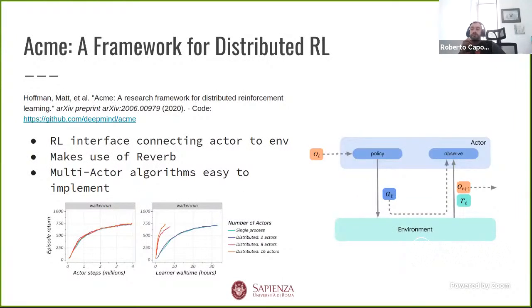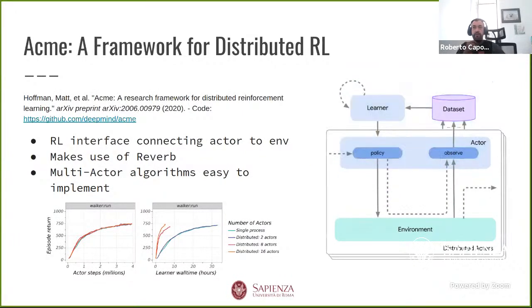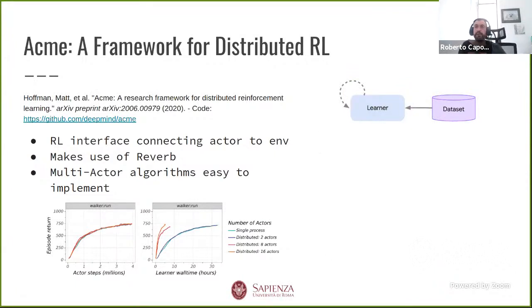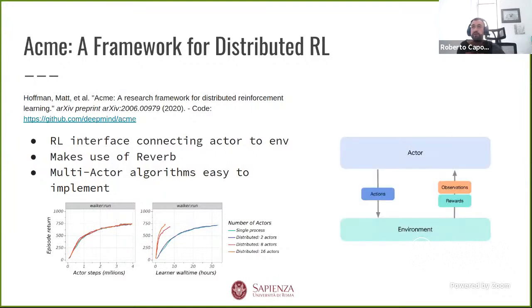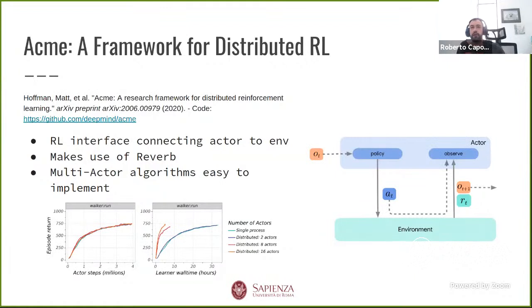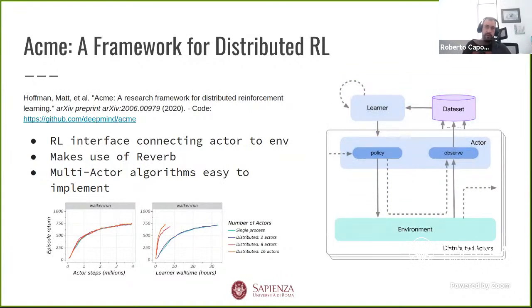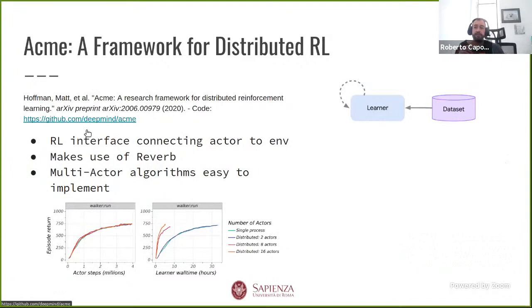One last point that I wanted to make is that, similar to when I introduced Reverb, here I want to describe very quickly a framework for doing distributed reinforcement learning, which actually makes use of Reverb. And this is called Acme. You will find the code available here. This has been released by DeepMind.